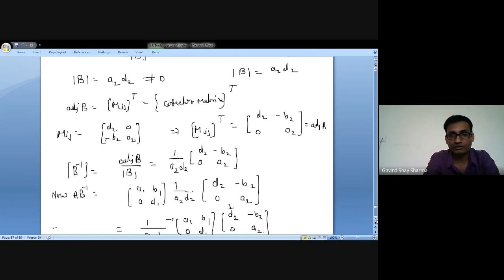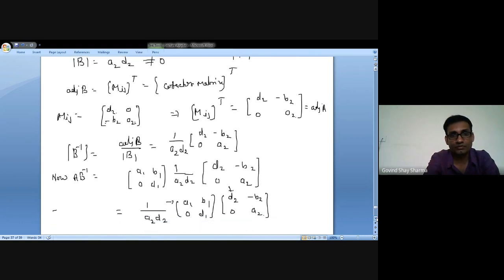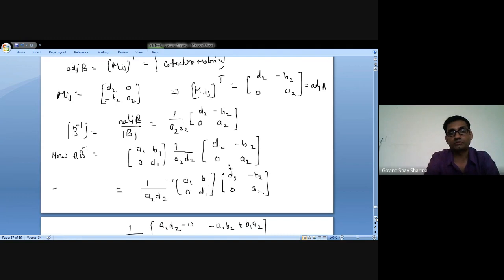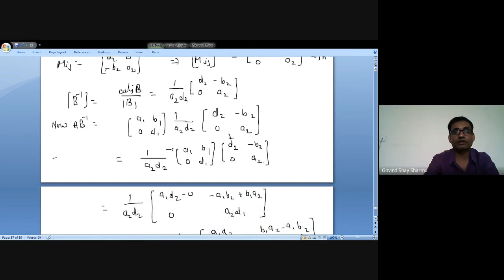Now we multiply this, A B inverse. So this becomes 1 upon A2 D2 times the product. In matrix multiplication, the concept is row multiplied with column: first row, first column, second row, first column.